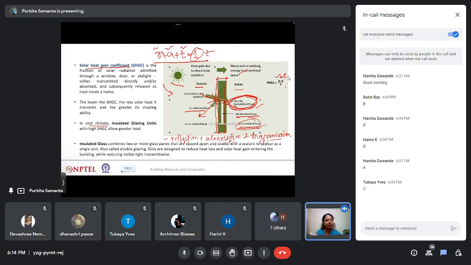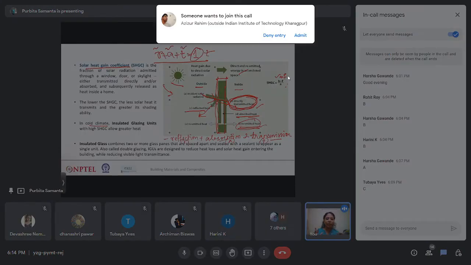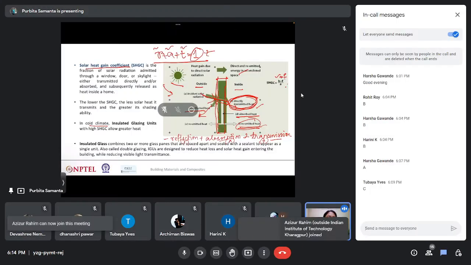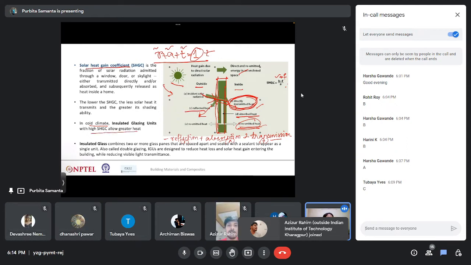Apart from the mechanical things that we can use, for example a heater and all those things, just imagine if you can utilize the solar energy and increase the heat gain inside your room, then that will be beneficial for everybody. So in cold climate we want the solar heat gain to be high so that the heat is greater.